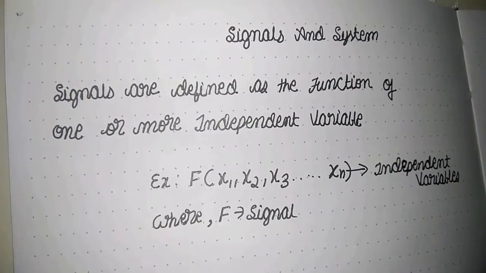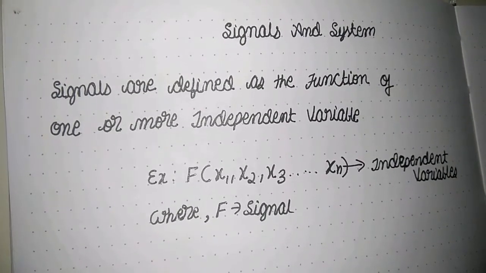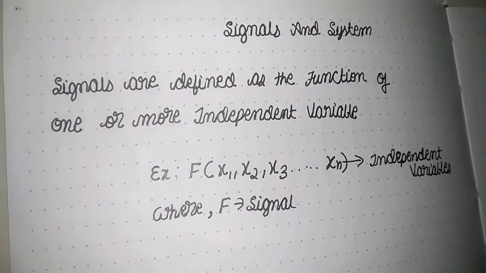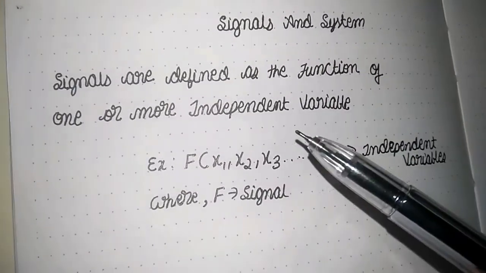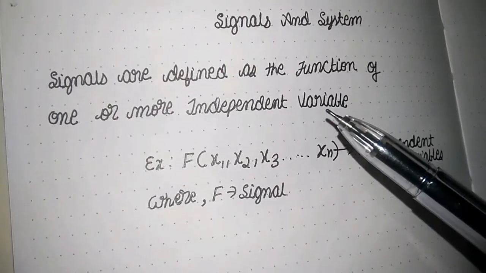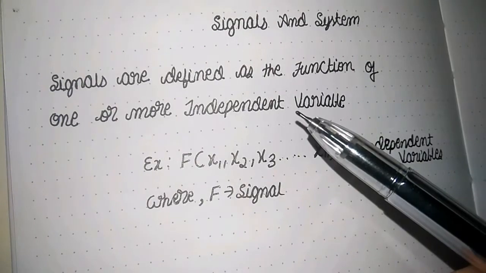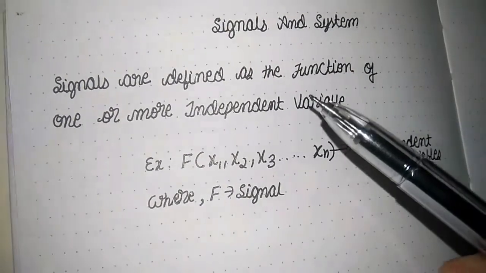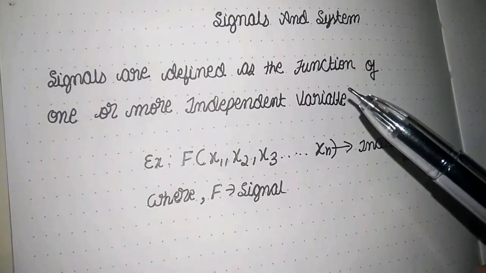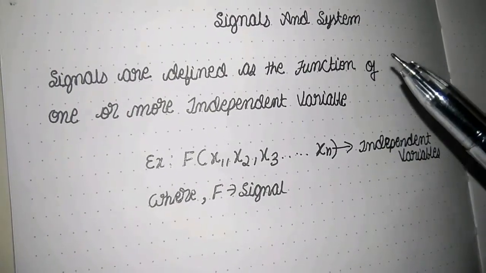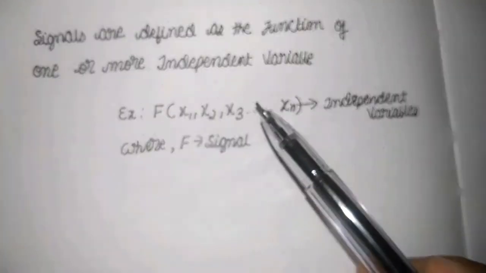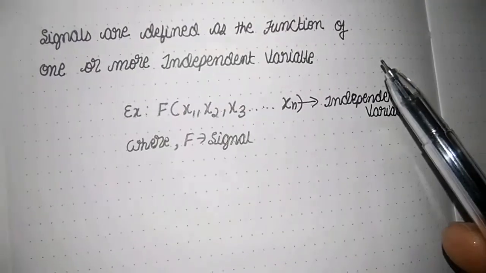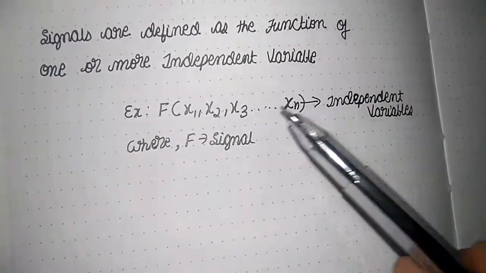What are signals? Friends, the simple definition of a signal is that signals are defined as functions of one or more independent variables. That means we call something a signal only if it depends on independent variables. For example, consider f of x1, x2, x3, up to xn.